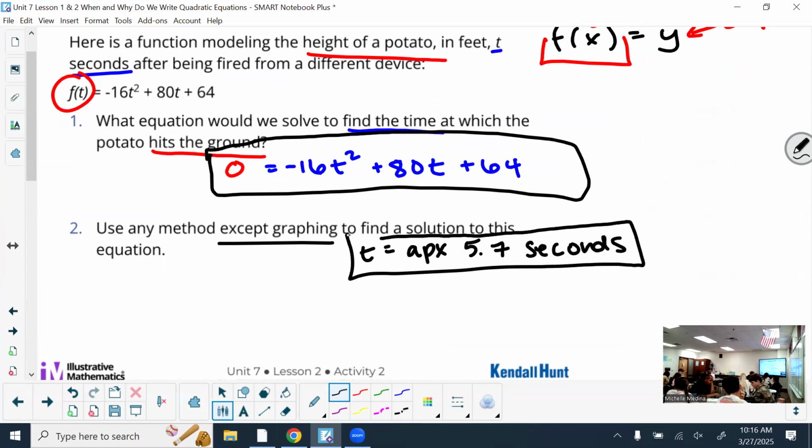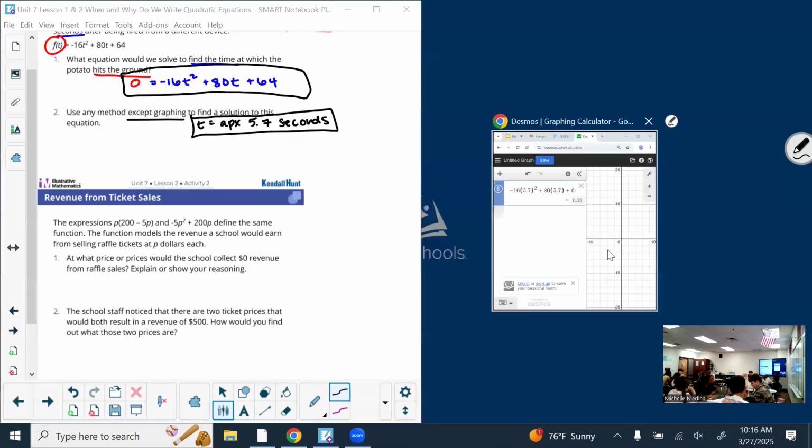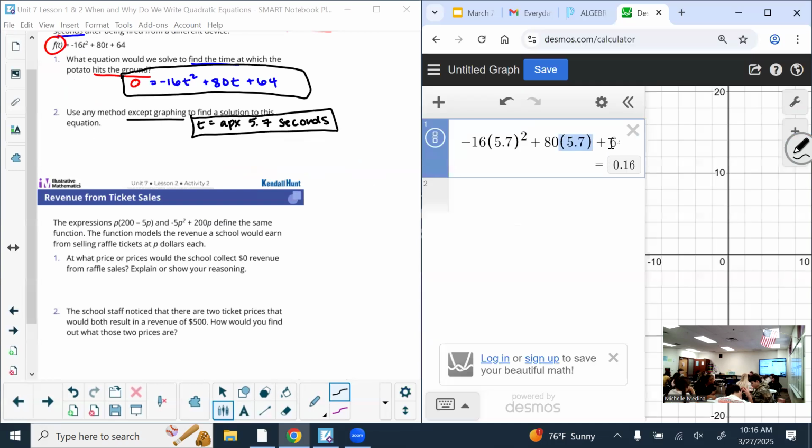So if it's multiple choice and you won't have a graphing calculator unless you bring one on your ACT Aspire test day, if it's multiple choice, you could try plugging in the answer, see which one gives you this and makes it true. All right, when I do have graphing technology available, which is what you did in your last test, let's see what that answer ends up being.